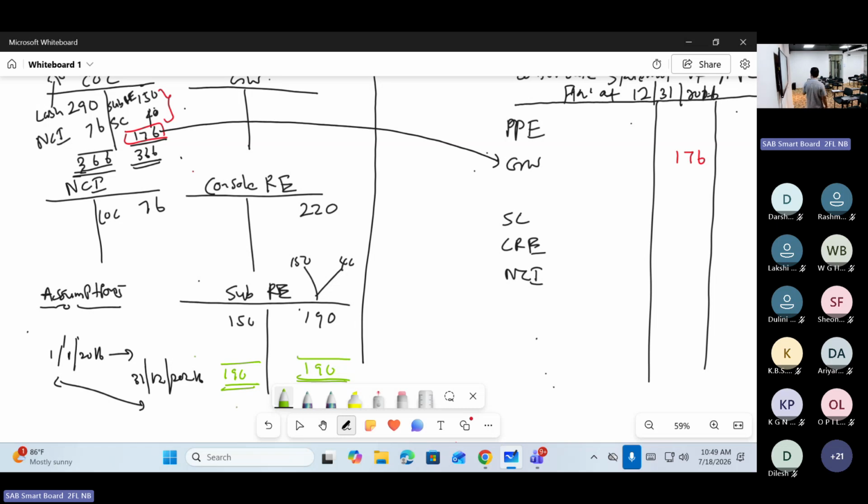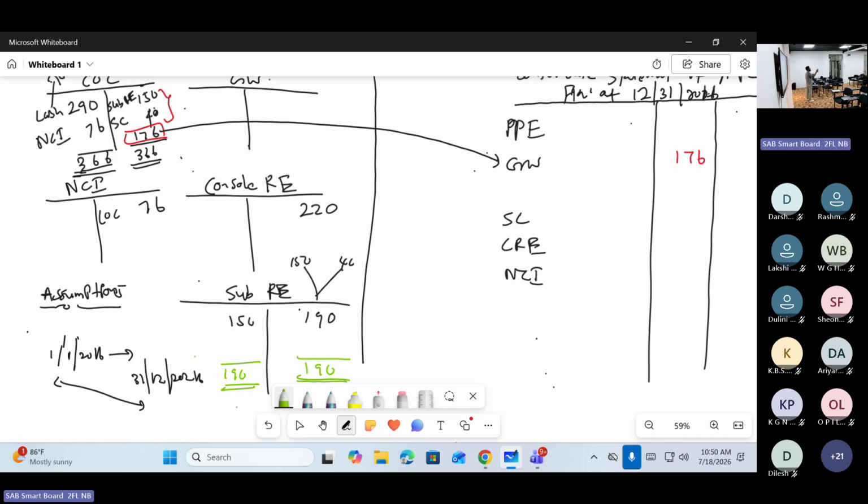You know that this account has another 40 remaining, right? You should understand that 40 is earned after the acquisition. Are you okay with that? That is the profit earned after 1st January 2016.